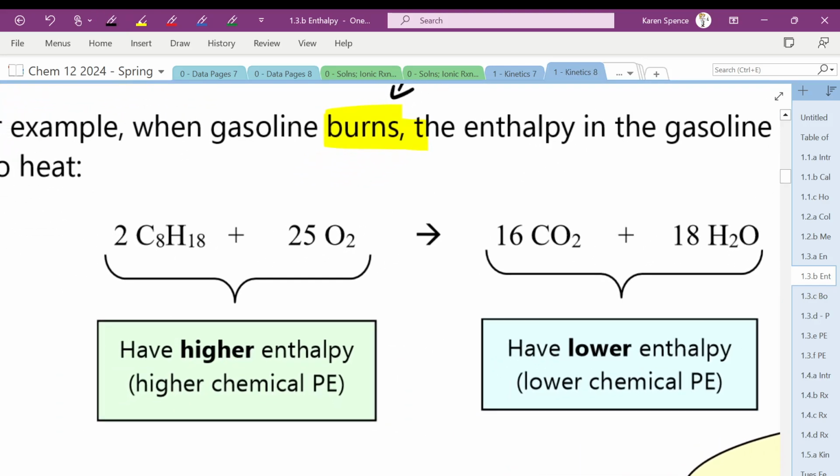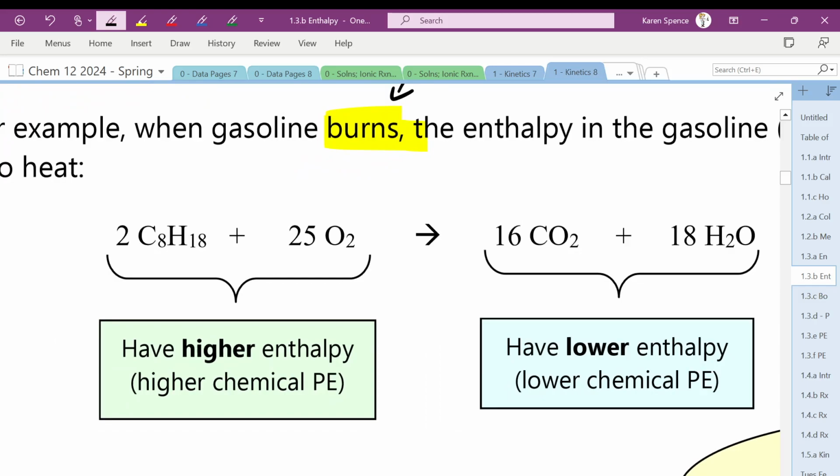So the octane reacts with the oxygen, and these have a higher potential energy. These are our reactants.